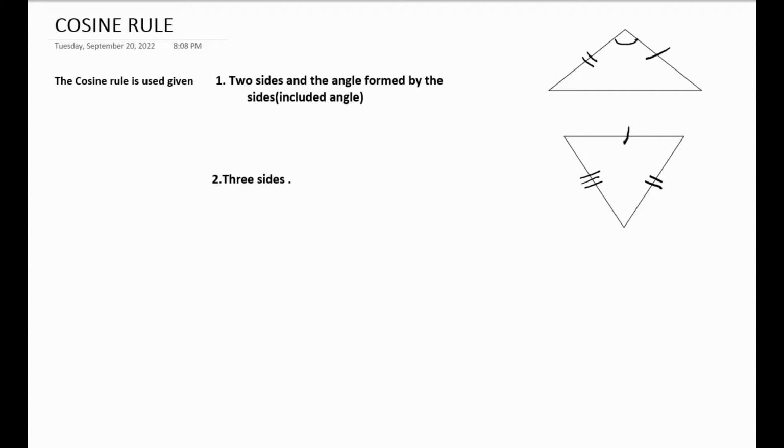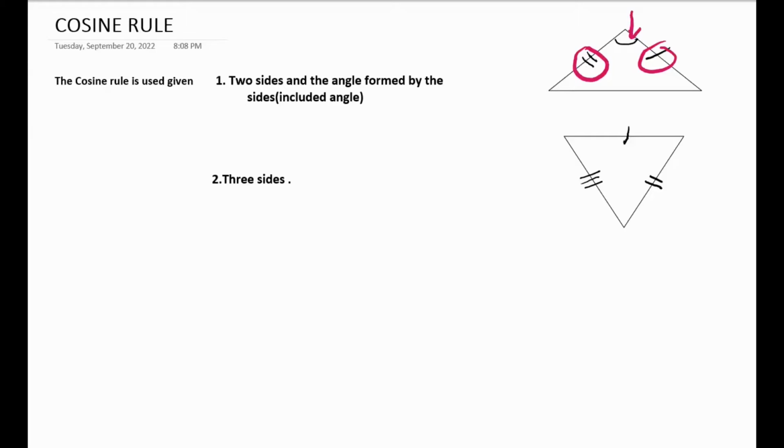Now, in the first instance, as in the diagram shown on your right, you have to be given two sides, this side and this side, and the included angle for there to be the condition for you to use the cosine rule.